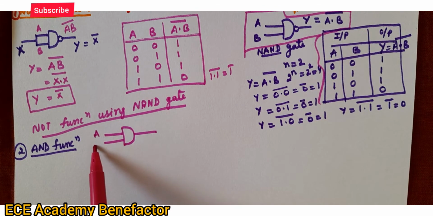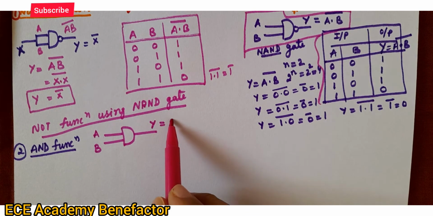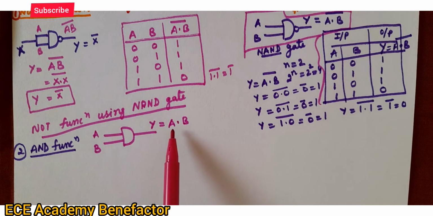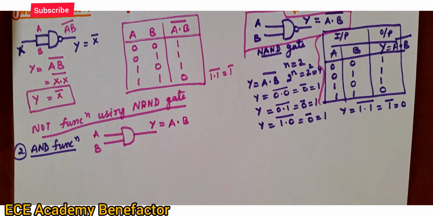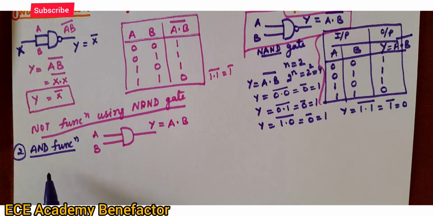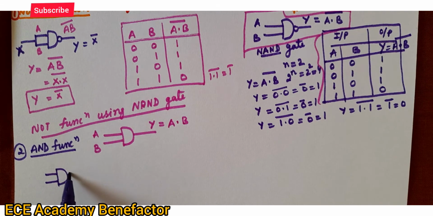The input terminals are A and B and the output is Y. The output of AND gate is A dot B. We want to get this function Y is equal to A dot B. What is the given gate to us? NAND gate is given. This is the NAND gate given to us.